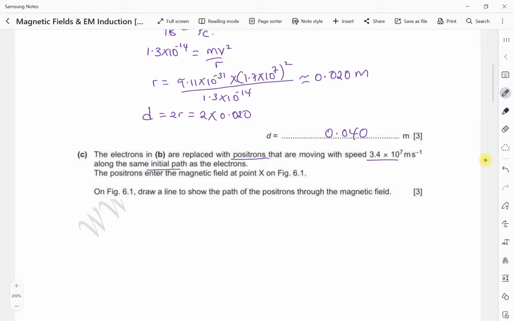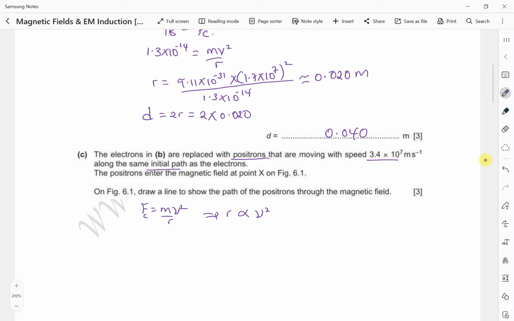Also look at the speed. The speed of the positrons is twice the speed of the electrons. And since we know that the centripetal force equals mv squared over r, it means that the radius is directly proportional to the speed squared. So since the speed is now greater, the radius is going to be greater.